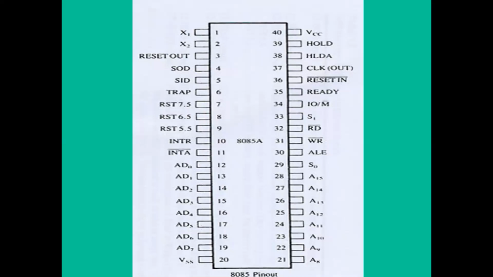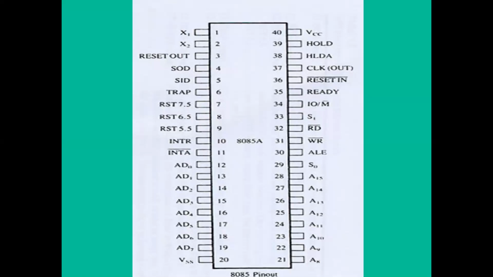So the same pin that is used for address transportation is, after a certain amount of time, used for another purpose, which is to transfer the data. That is called the multiplexed address and data bus. Multiplex means more than one, so more than one function can be performed.